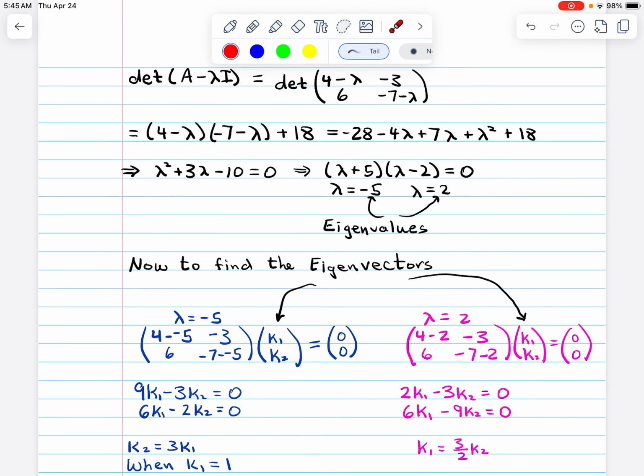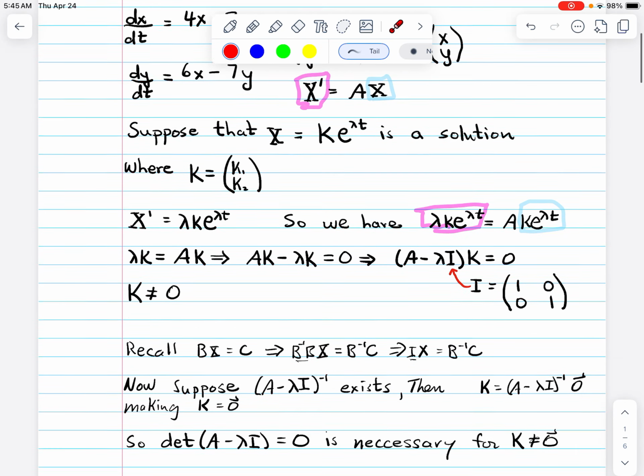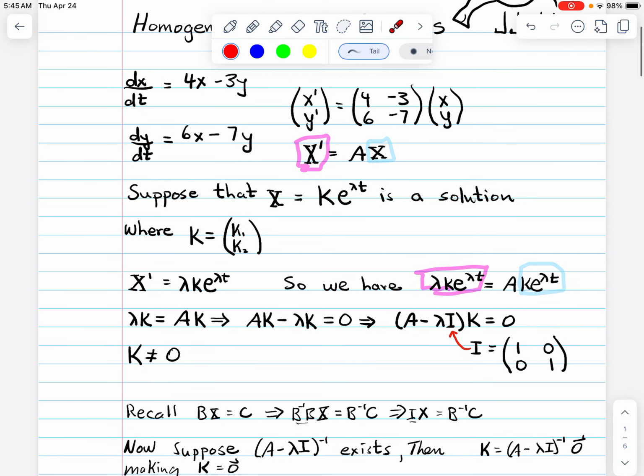And I'm going to use that to find the K1 and the K2. That's the big K. That's the eigenvector. So what we're doing is we're going back to this. We're assuming the solution looks like this. So I'm trying to find this thing right here.